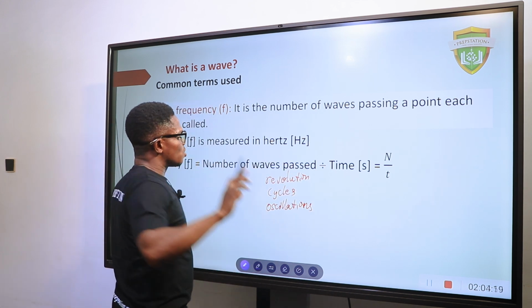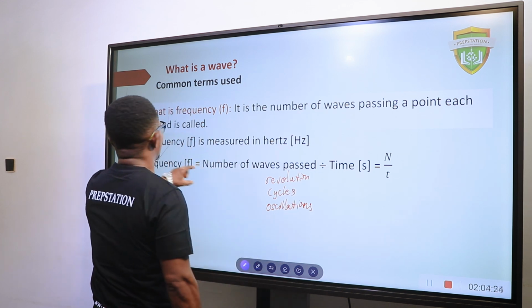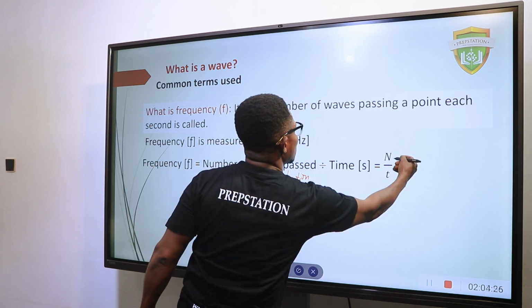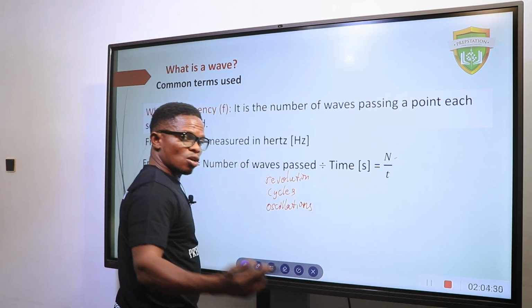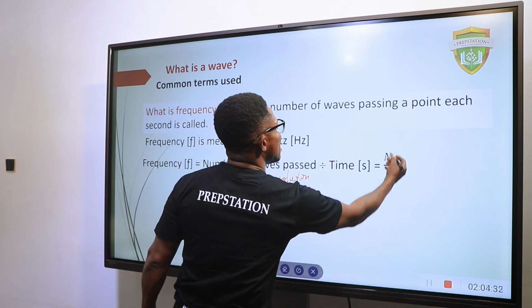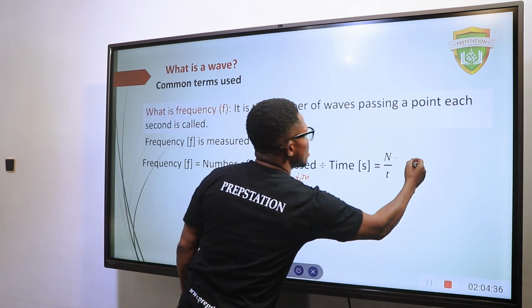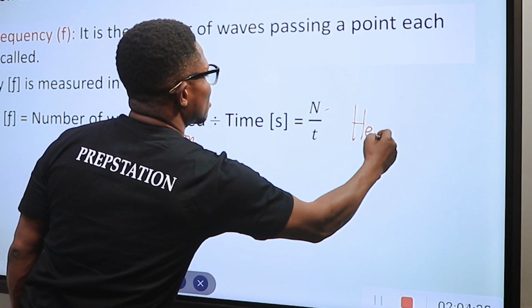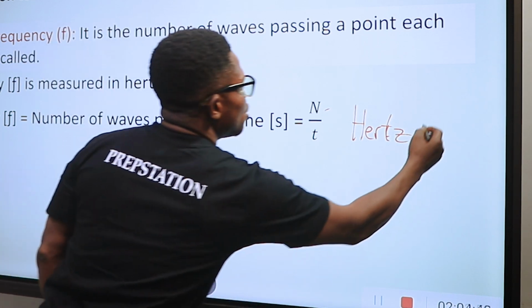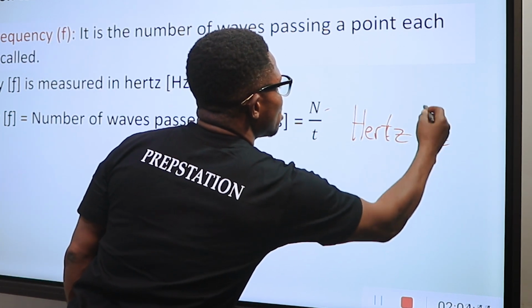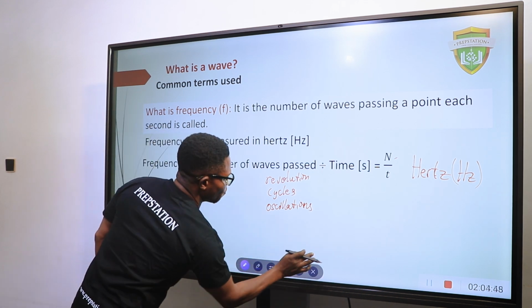Just one. So it is the number of oscillations per second. That is the formula for frequency, where n represents the number of revolutions, cycles, or oscillations made in 1 second. The unit for frequency is called hertz, named after the scientist Hertz, and the short form is Hz.